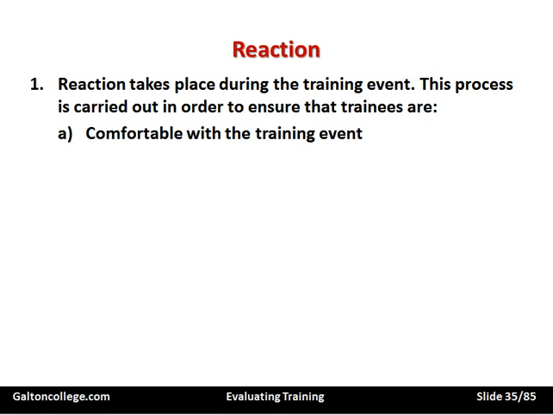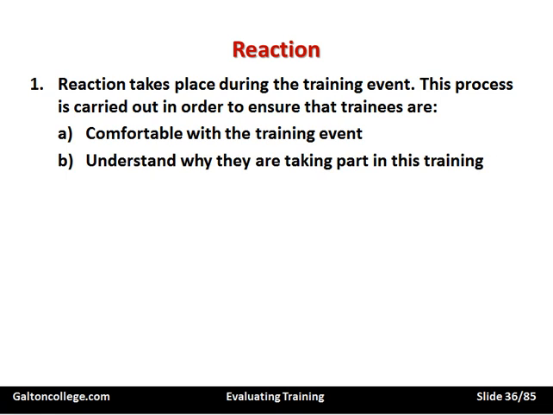It may be a function of their desire to be on the program. Are they comfortable with being there? Are they comfortable about attending, because they may be worried or embarrassed about their ability to take on this particular training program? So the reaction is a function of how comfortable they are with being there.